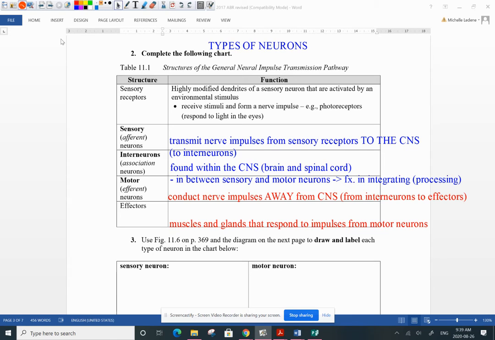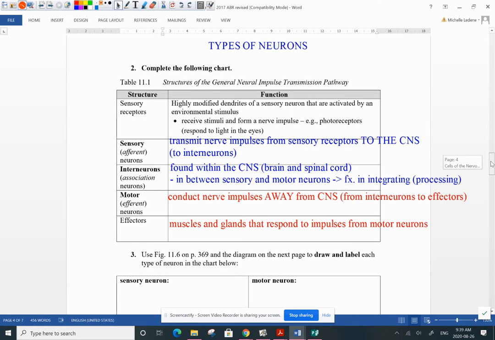So for instance, when we're watching this video, the photoreceptors in our eyes, our sense organs, are going to be stimulated, and that's how we see things, okay? And so that sensory information then goes to a sensory or afferent neuron, and it takes nerve impulses, also called action potentials, from these sensory receptors to the CNS, to the interneurons that are found there.